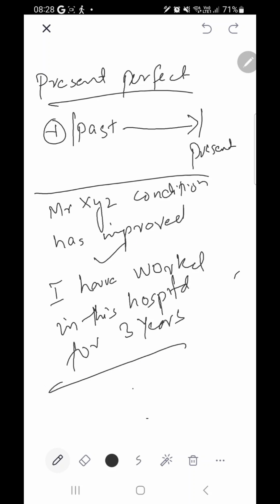Again, present perfect tense, right? Or he has attended physiotherapy session for 3 months.